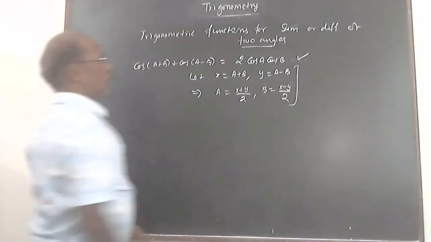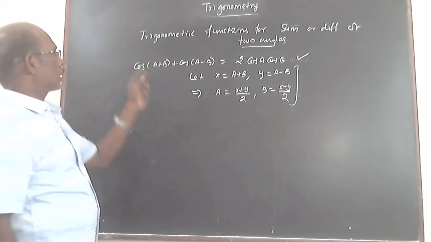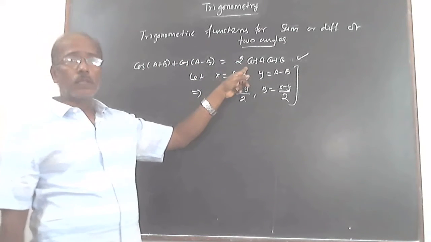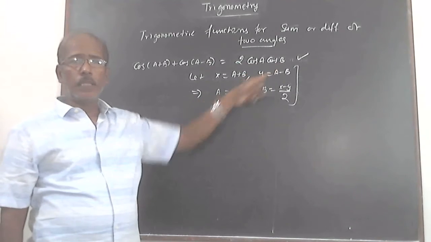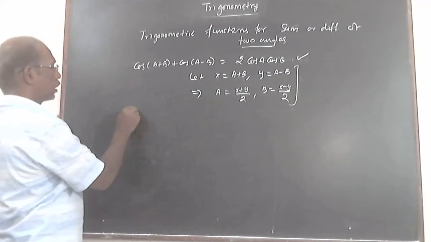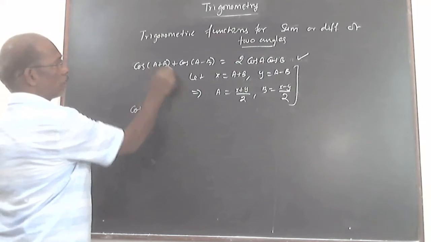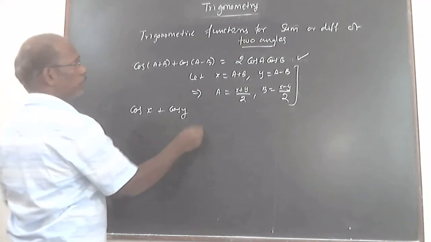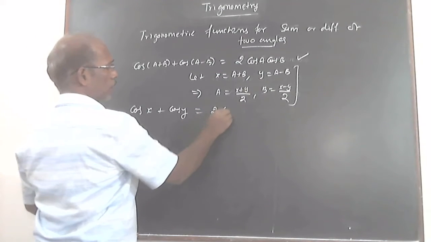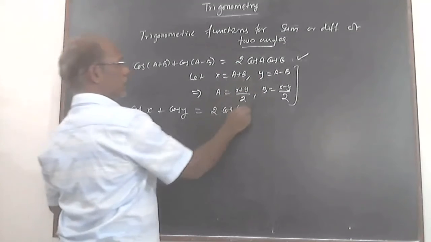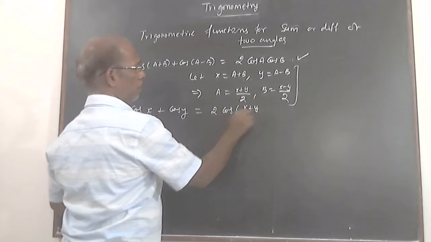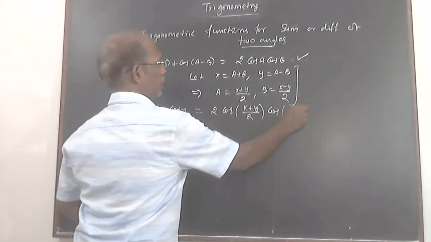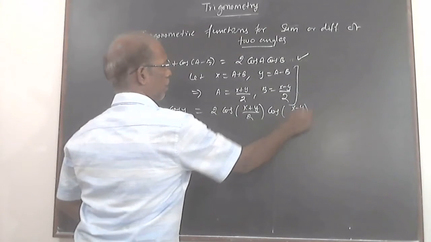Using this conversion, the same result, cos of a plus b plus cos of a minus b equals 2 cos a cos b, can be written in terms of x and y: cos x plus cos y is equal to 2 times cos of the arithmetic mean of x and y, and cos of the subtractive mean of x and y.